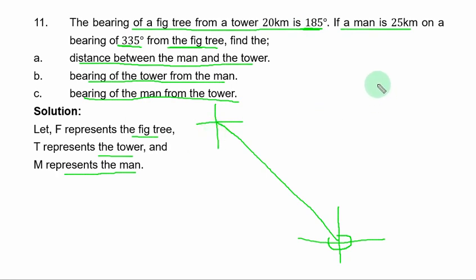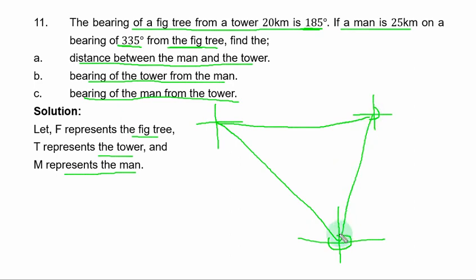So we have the tower somewhere here. Here should be the position of the tower, so that you have 185 degrees and you join it to the fig tree. Then you can close this part as well.